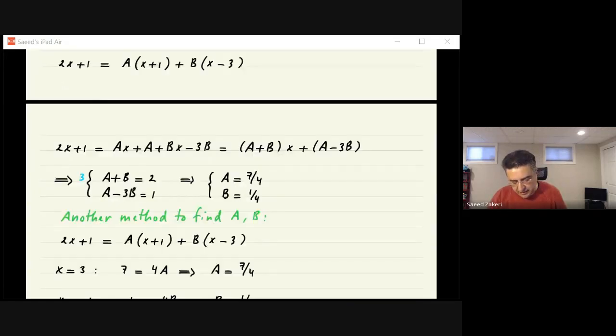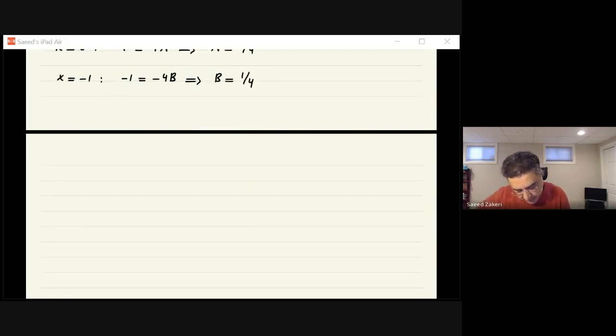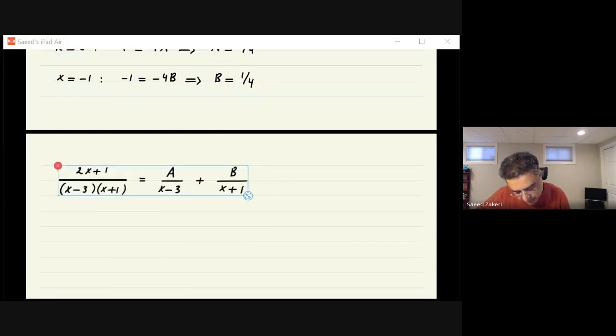Either way, look at what we have achieved. So still, we're doing algebra, very simple, low-level algebra. What we have achieved is the splitting of this term. Remember, this is what I tried to do.